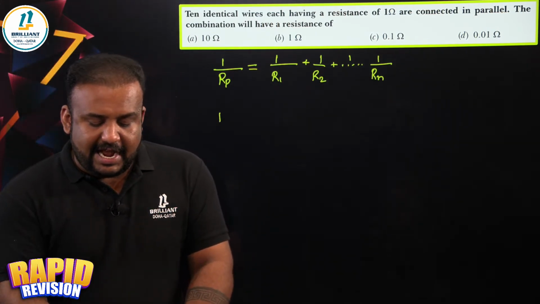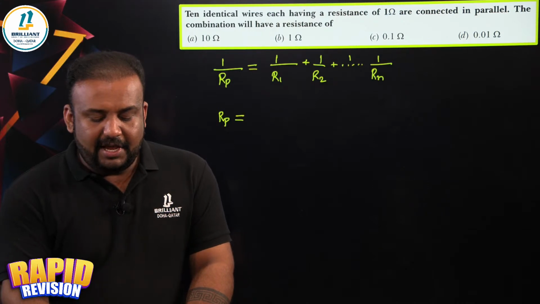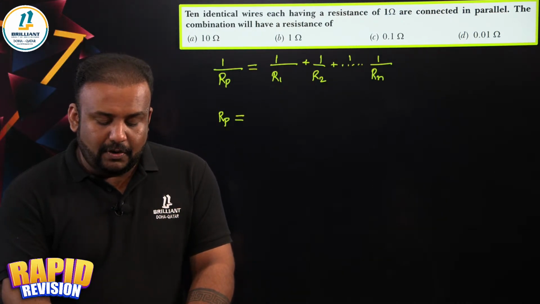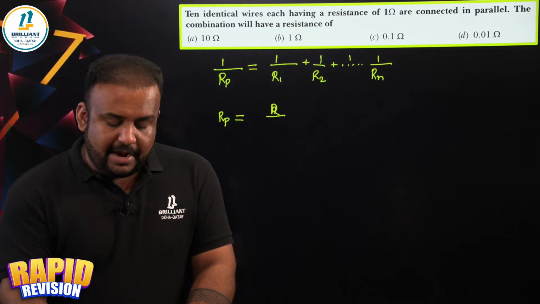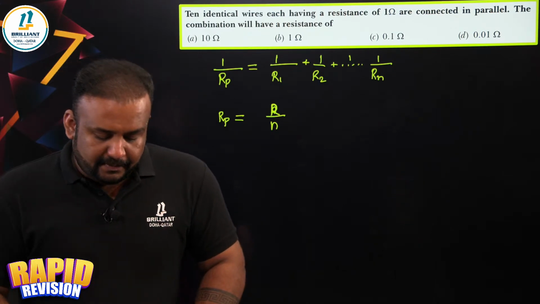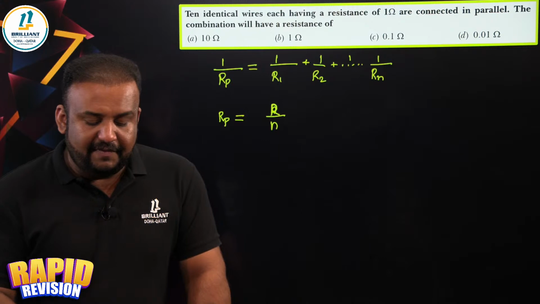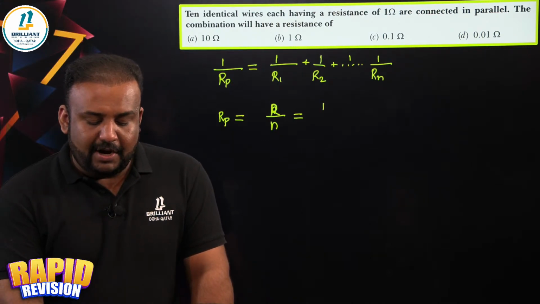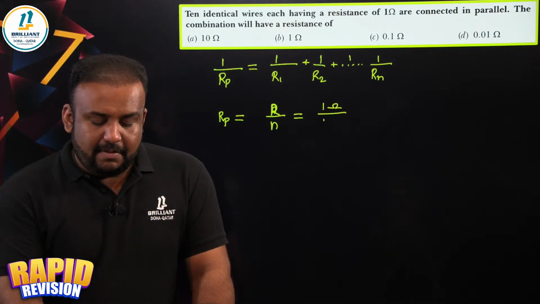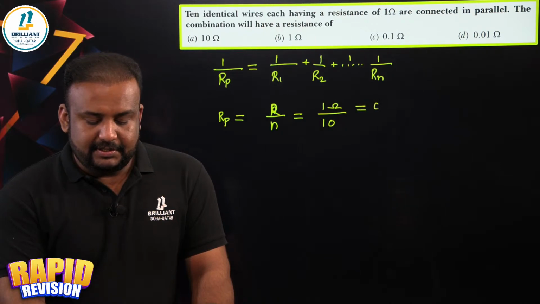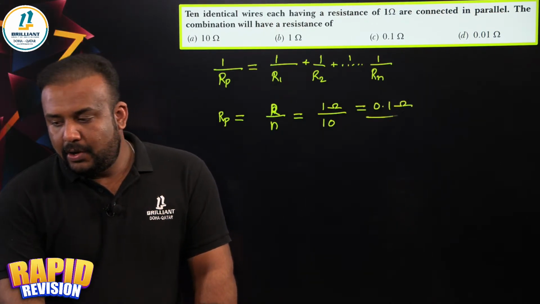So here we can say that the total resistance will be equal to what? Rp will be equal to R by N. Whatever is the value of the resistance, that divided by the number of resistors. So 1 ohm is the resistance divided by 10 resistors. So it will be 0.1 ohm.